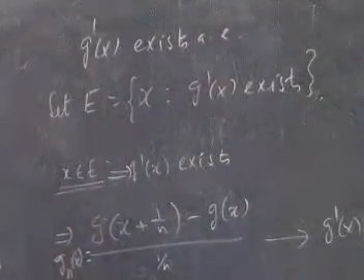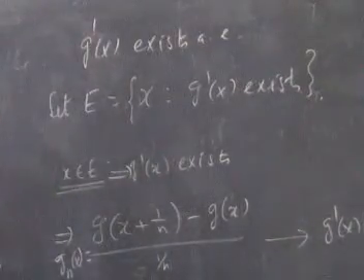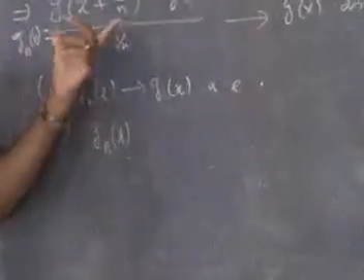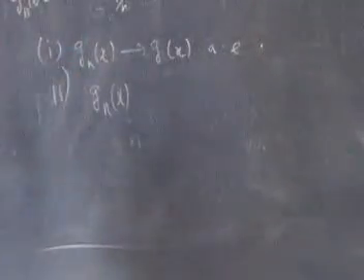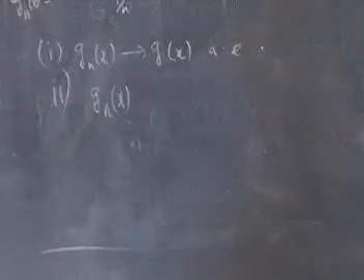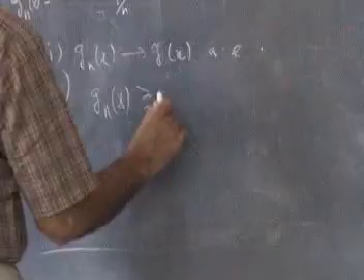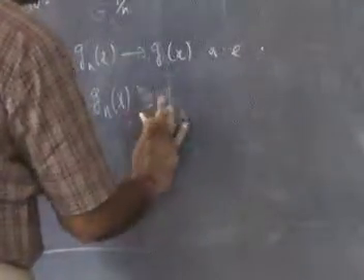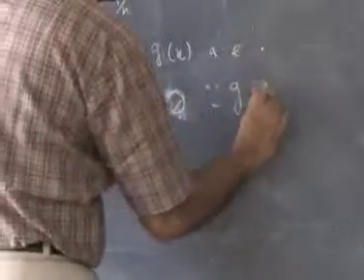What else can I say about g_n x? g is non-decreasing, so g of x plus 1 over n at a later point will be more than the earlier point. So g_n x is greater than or equal to 0 because g is non-decreasing.